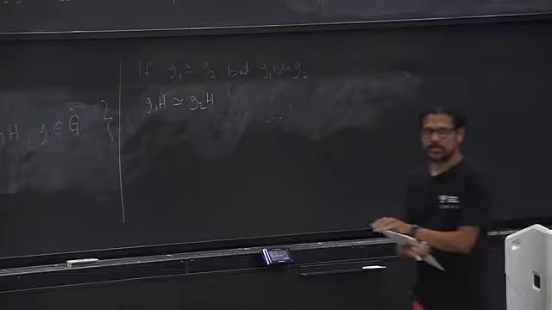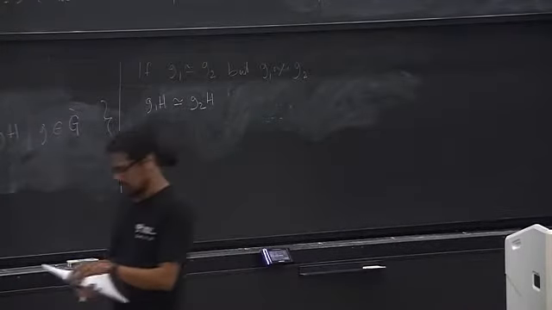So in other words, we can think of the coset space as some kind of manifold.